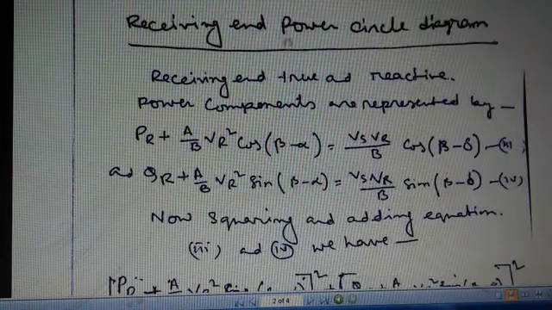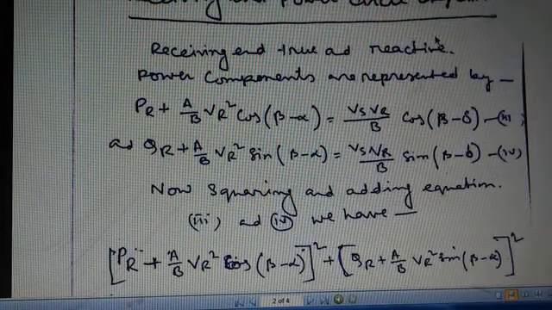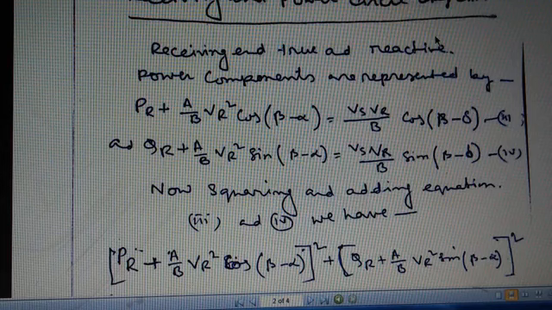Now the receiving end power circle diagram. The circle drawn with the receiving end true and reactive power components as the horizontal and vertical coordinates is called the receiving end power circle diagram.